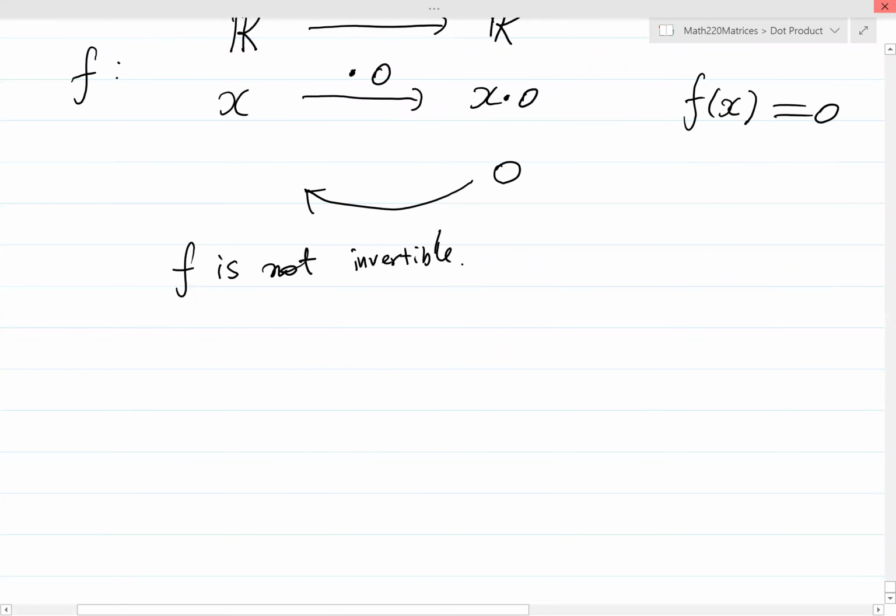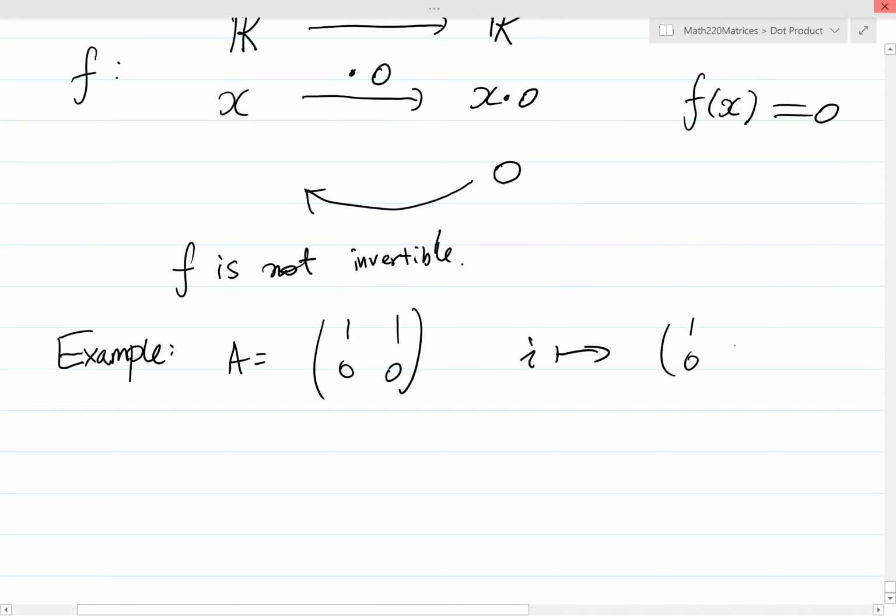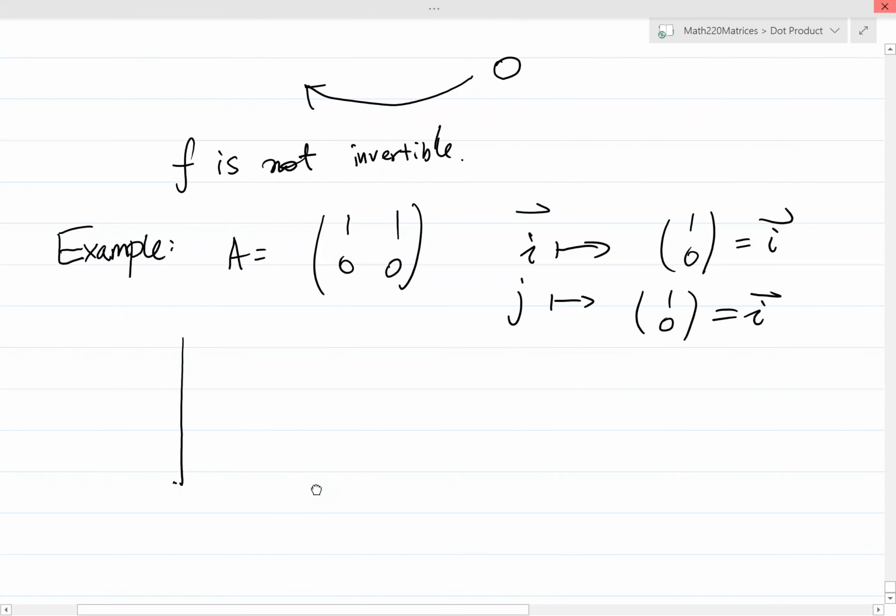Another example. If A is, for instance, 0, 1, 0, 1. This means i, which is 1, 0, I map to 0, 1, which is just i. And j, 0, 1, I also map to i. So in this case, the XY plane is mapped to the x-axis.